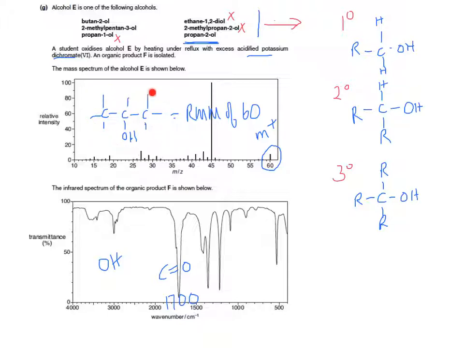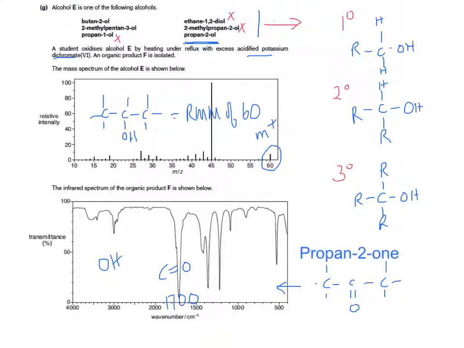Propan-2-ol is a secondary alcohol, and secondary alcohols are oxidized but only into ketones. So this carbon atom would have reacted by losing hydrogen and becoming this ketone group here. So this is propan-2-one.